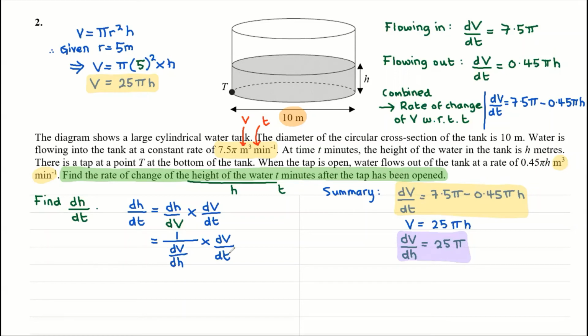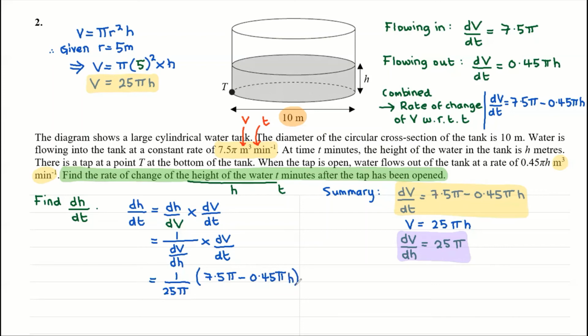Okay, so this is going to equal 1 over 25 pi. That's dH by dV, or 1 over dV by dH. And then we multiply that by 7.5 pi subtract 0.45 pi h.